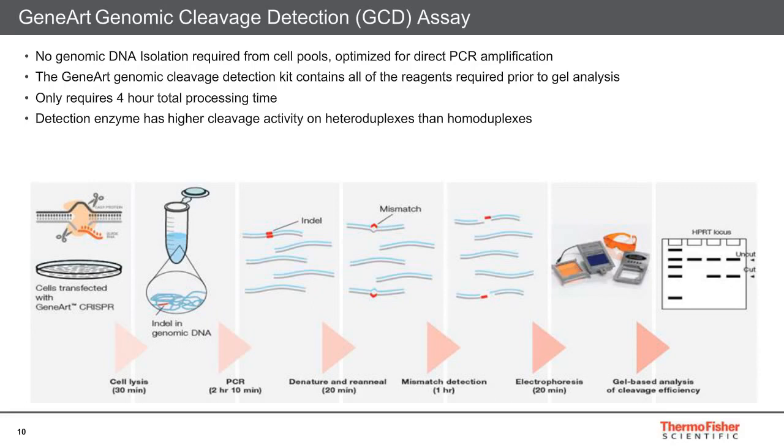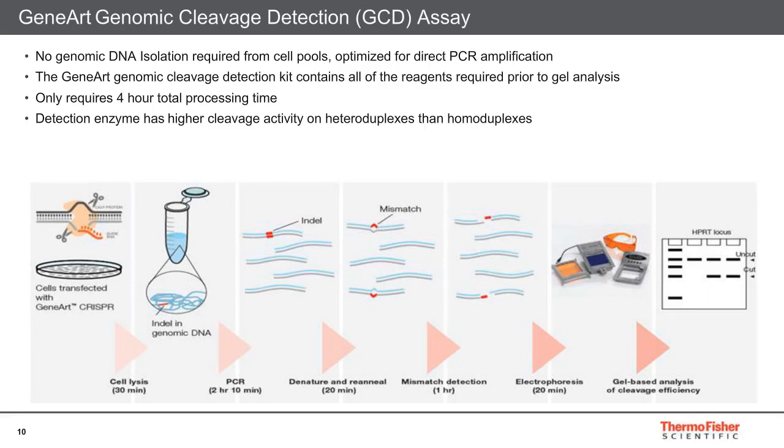How? Okay, so we have transfected the cells with the CRISPR. CRISPR generated double-strand breaks, and those double-strand breaks were repaired through NHEJ. What we do is then we harvest the cells and lyse them using the lysis buffer provided with the GCD kit, and in this case, you can see some of the DNA molecules contain some mismatched indels that are highlighted in red.